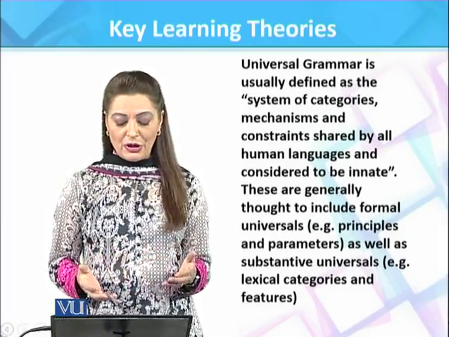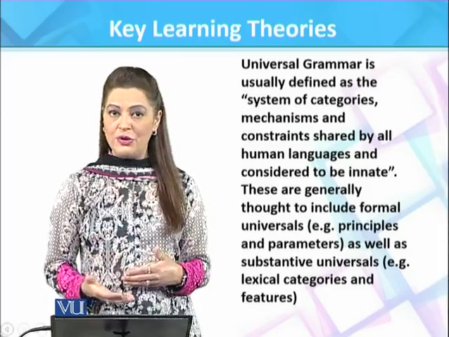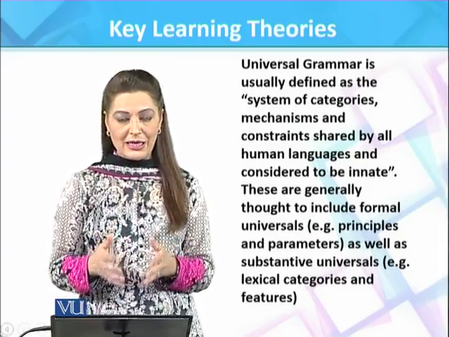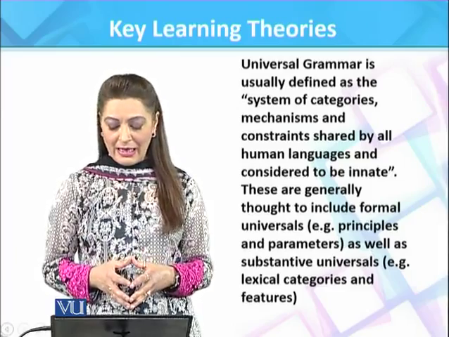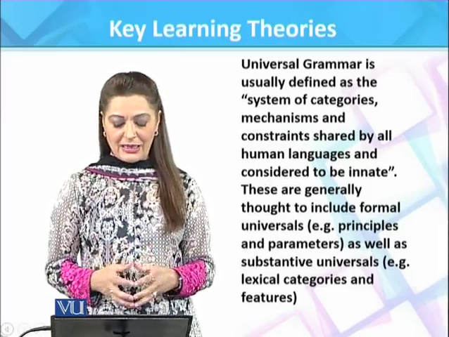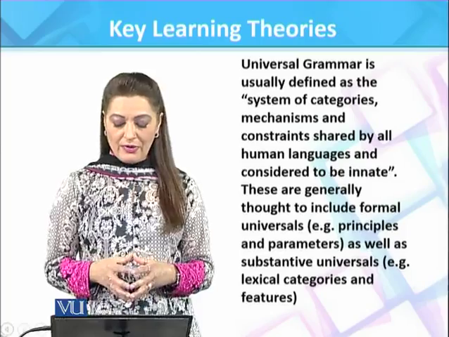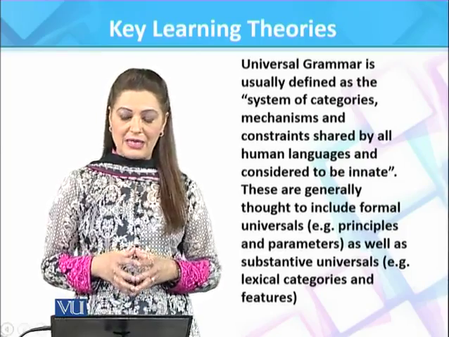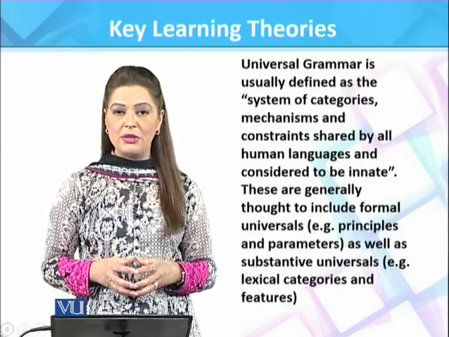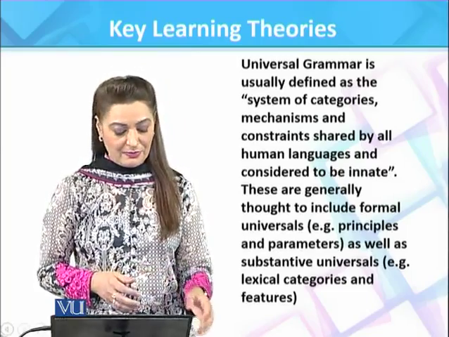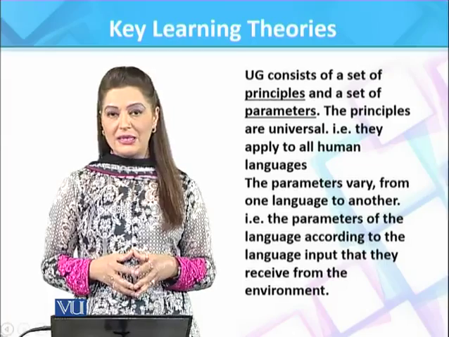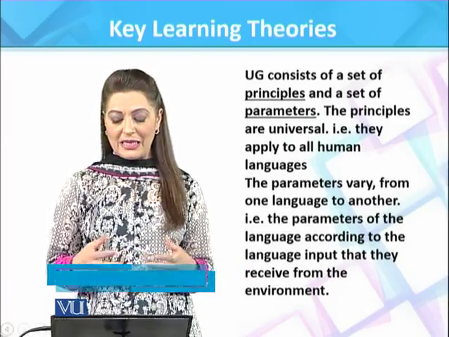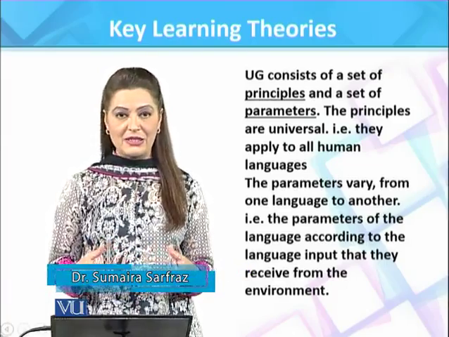These are generally thought to include formal universals, and that takes us to the understanding of principles and parameters, as well as lexical categories and features. We will emphasize the understanding of principles and parameters. Universal grammar consists of a set of principles and a set of parameters.